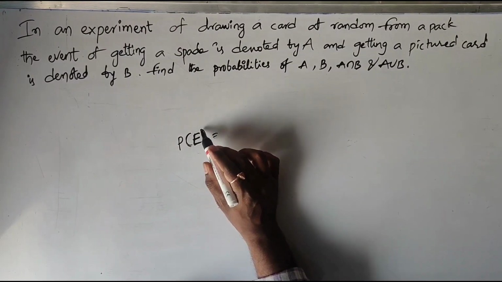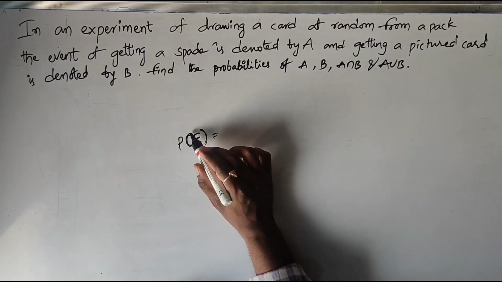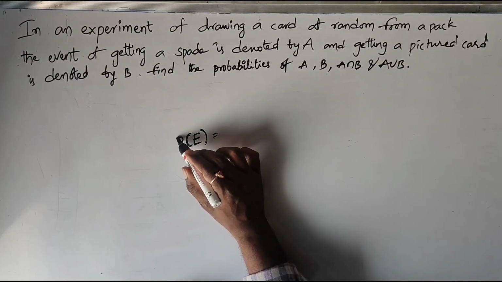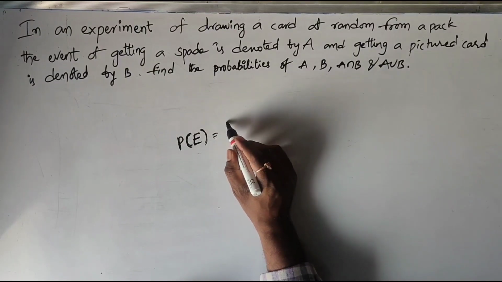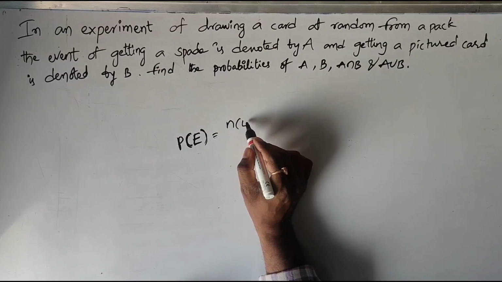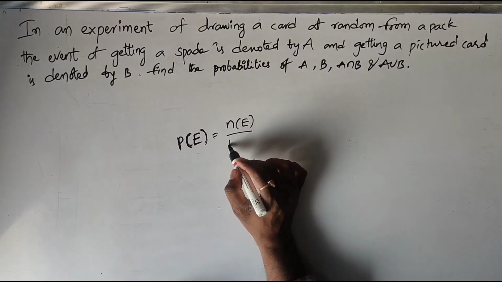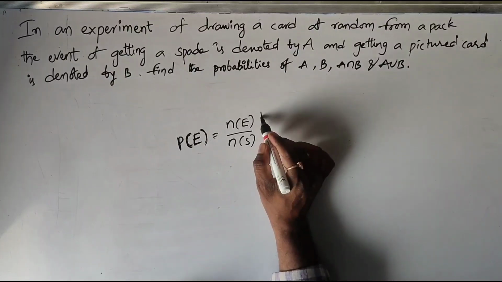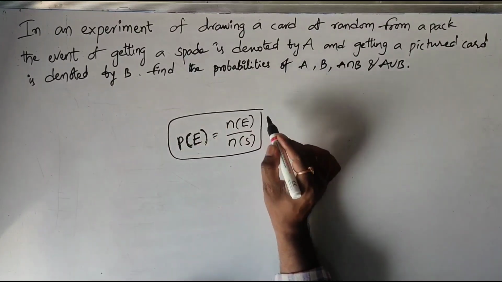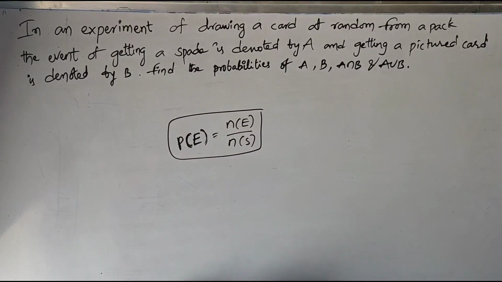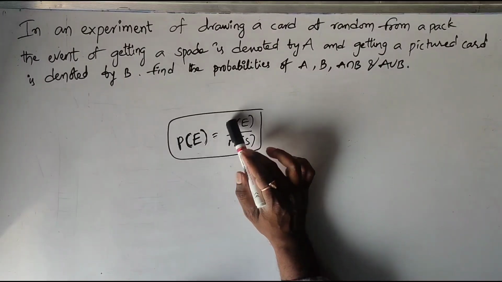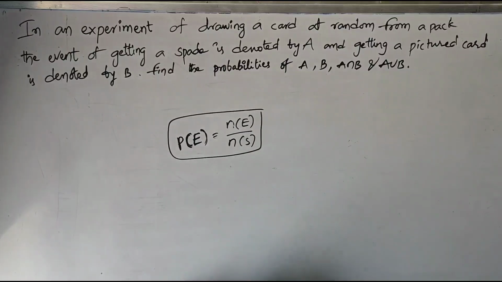The probability of event E is N of E by N of S. N of E is the favorable cases of event E, and N of S is the total cases of that experiment.